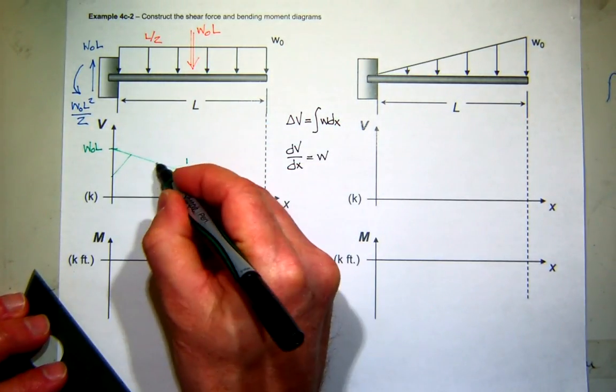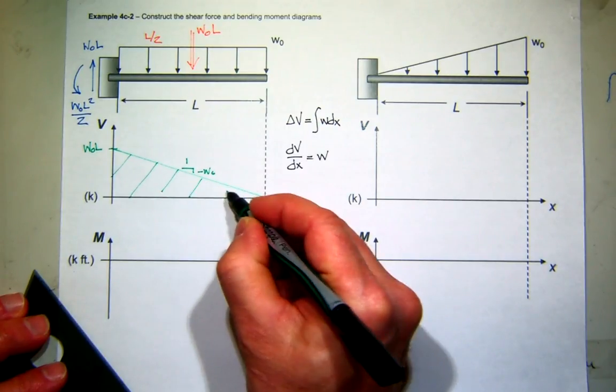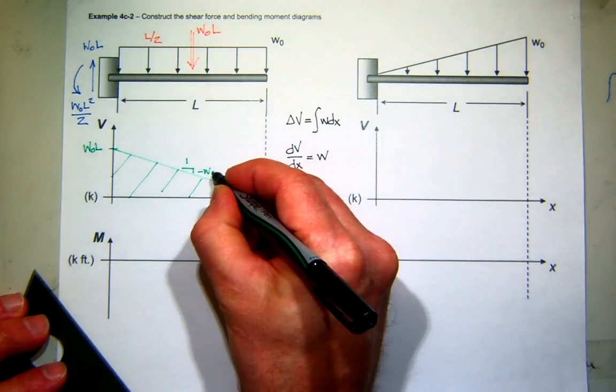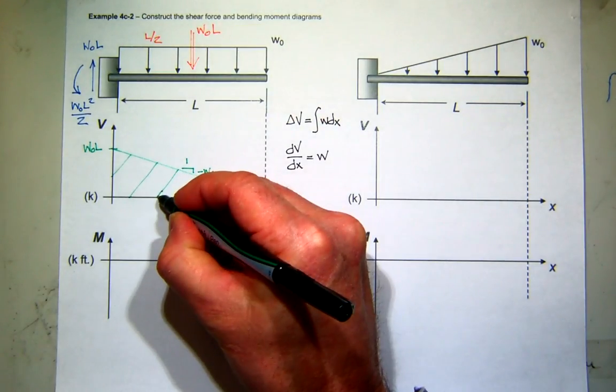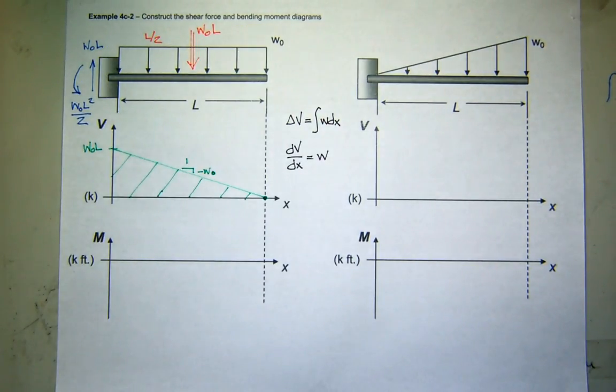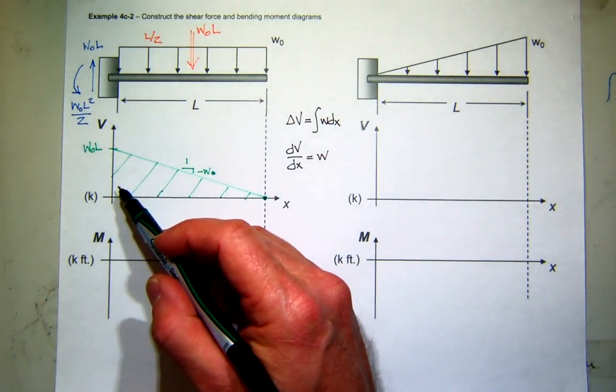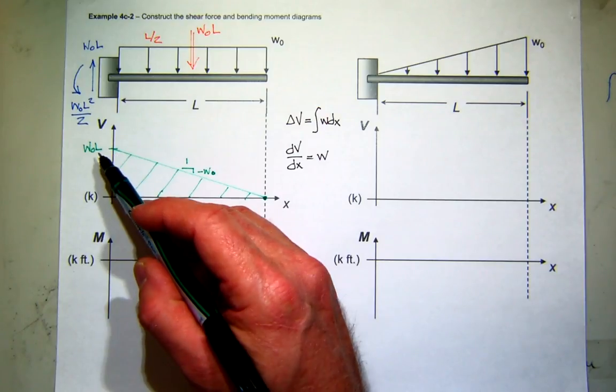And I get a shear diagram that looks something like that. That's a 0, by the way. Any questions about that? So where's the maximum shear? At the fixed connection, and it's equal to W naught L.